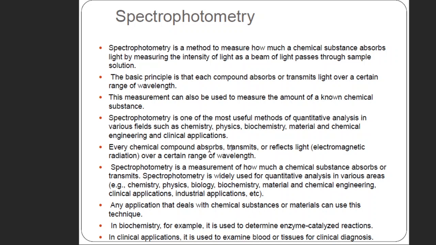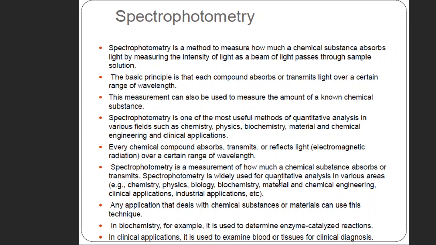The remaining incident light which is not absorbed is transmitted. We call it electromagnetic radiation, because it has both electrical and magnetic properties over a certain range of wavelength. This spectrophotometer measures how much light a chemical substance will absorb and how much it will transmit.